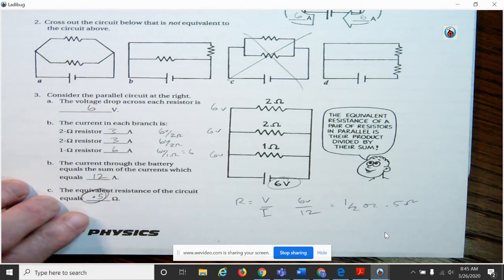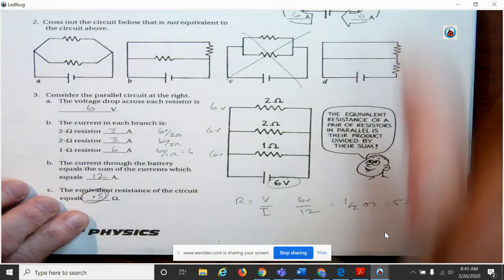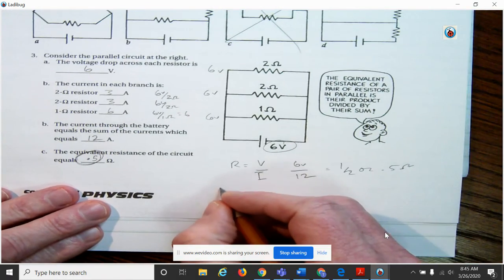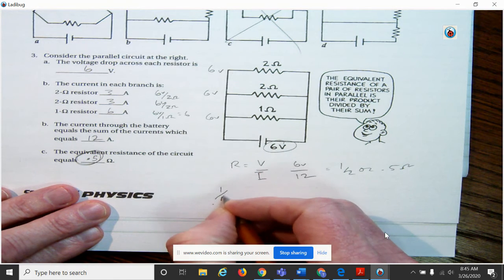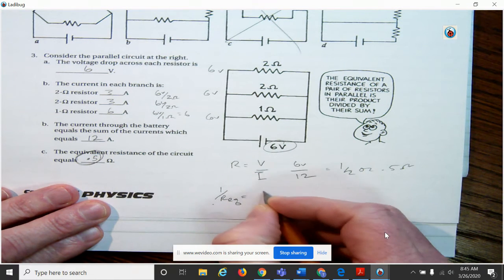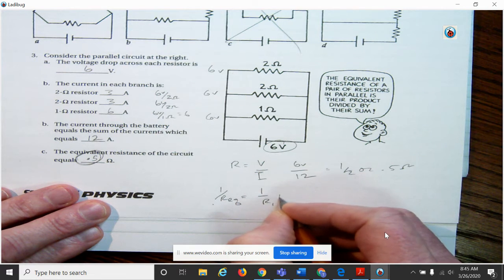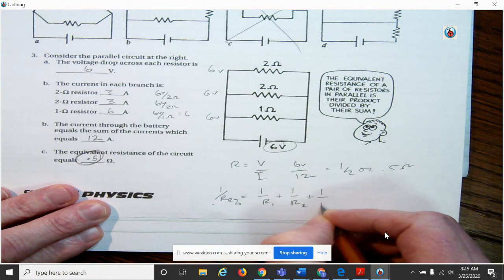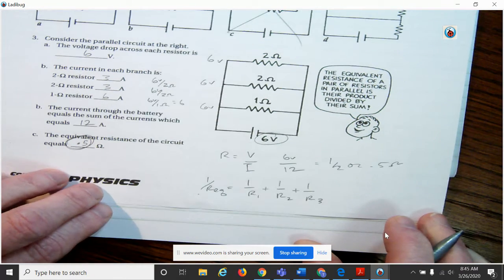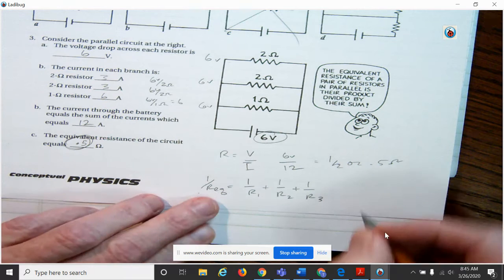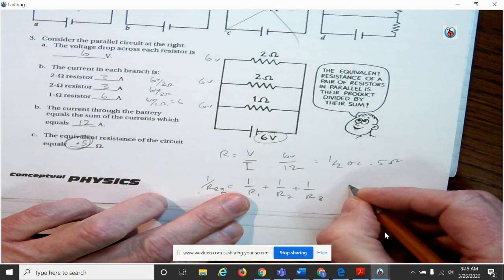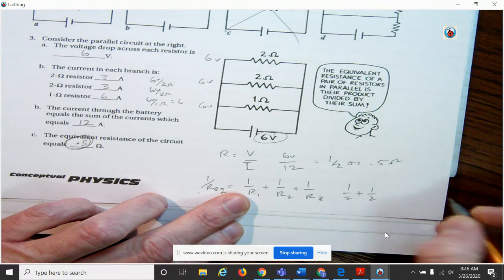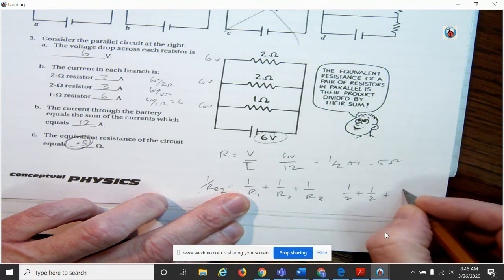Now there's another way to get this number that I want to show you real quick. It's a little more complex, but it works the exact same way. Basically, 1 over R EQ is equal to 1 over resistance 1 plus 1 over resistance 2 plus 1 over resistance 3. Plugging that in, I get 1 over 2 plus 1 over 2 plus 1 over 1.